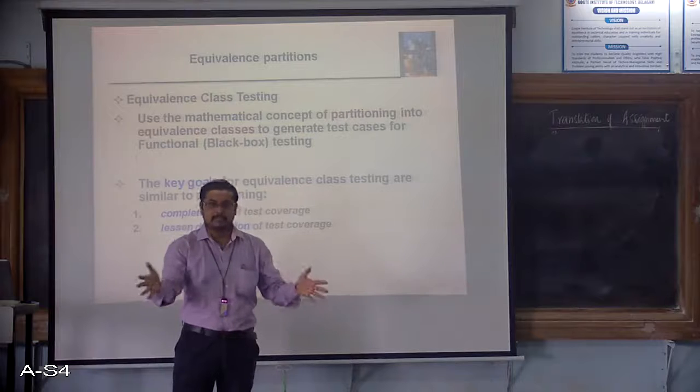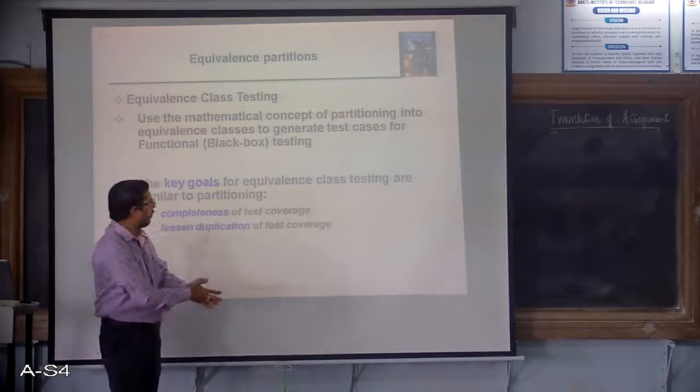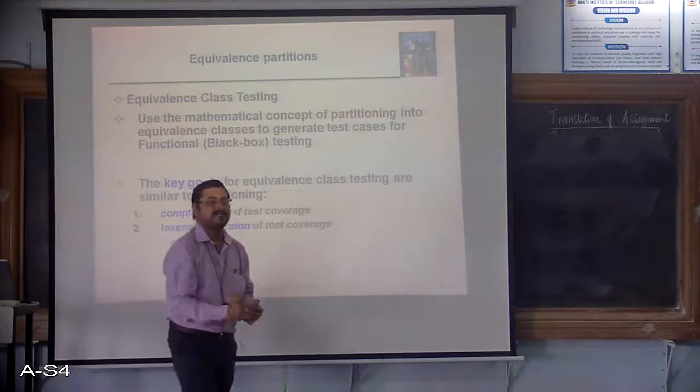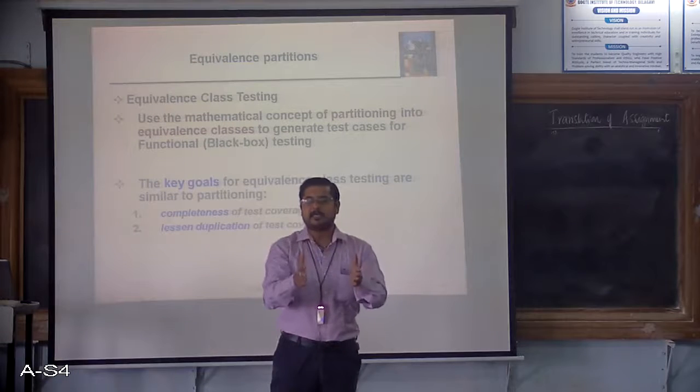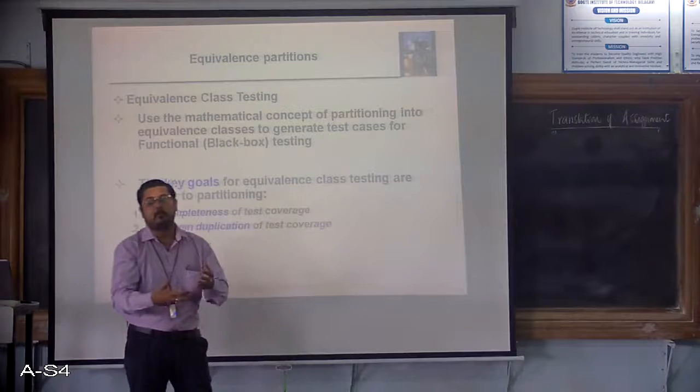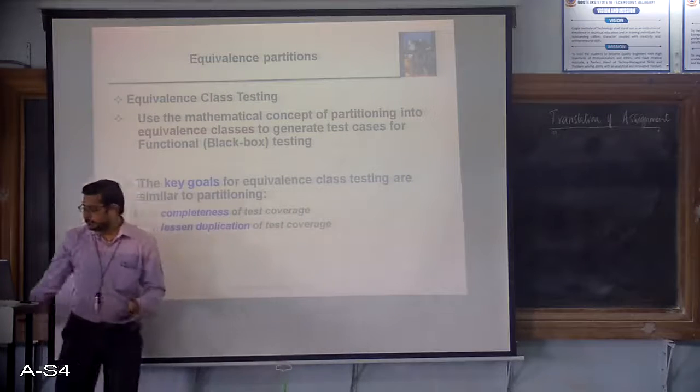So it covers the entire set of data. That is completeness of test coverage. And lessening duplication means minimizing redundancy: whatever redundant data there is, we avoid it, and capture only the type of data we are going to simulate.